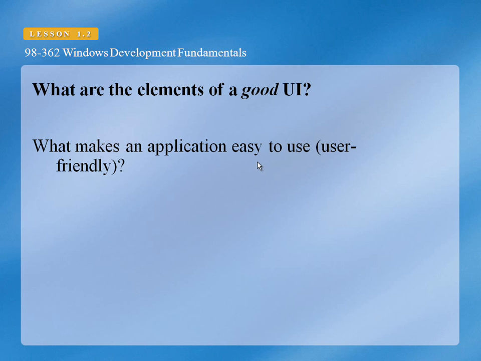Now we move to another topic, elements of a good user interface. In this slide we get the idea of the elements used for good UI designing. There are four ways to build a good user interface.